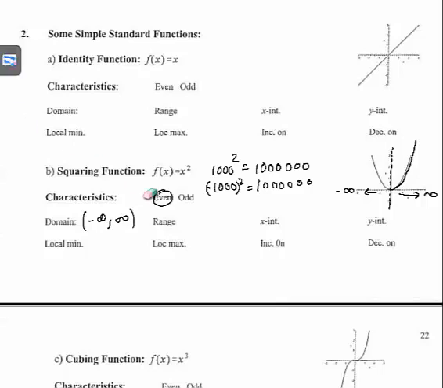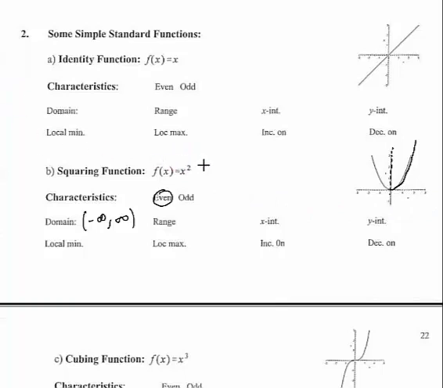However, for the range, there are certain values on the y-axis that we can never get by simply squaring a number. As I just stated, if we square a positive, we get a positive number back. If I square 0, I just get 0.